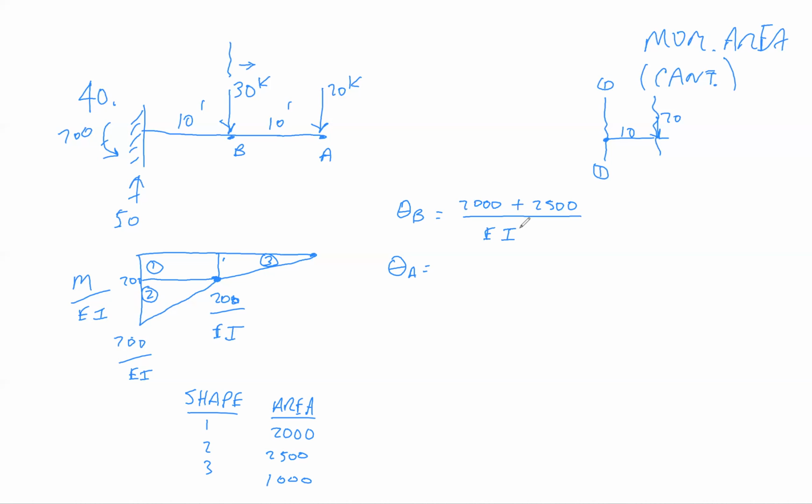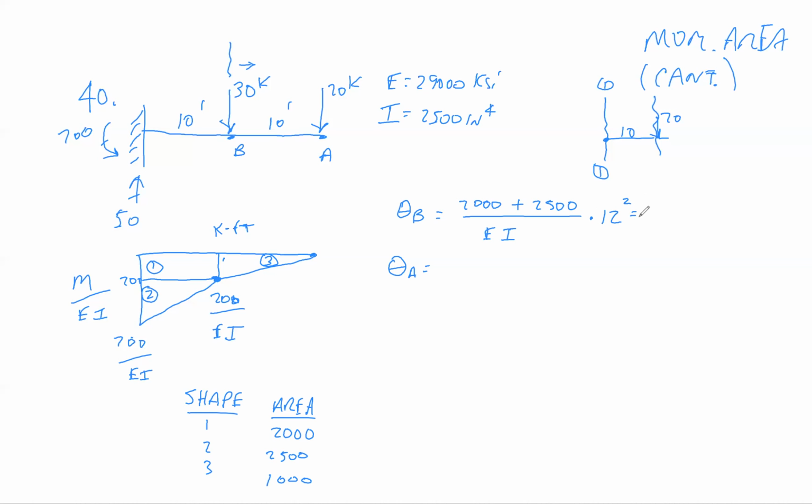I think for this problem we'll say E is 29,000 kip per square inch, which is typical for steel, and I think I might have been 2,500 inches to the fourth. Now, if your diagram is in kips and feet, and your modulus of elasticity is in kips per square inch, and your I is in inches to the fourth, we have to multiply by 12 squared to make the units work.